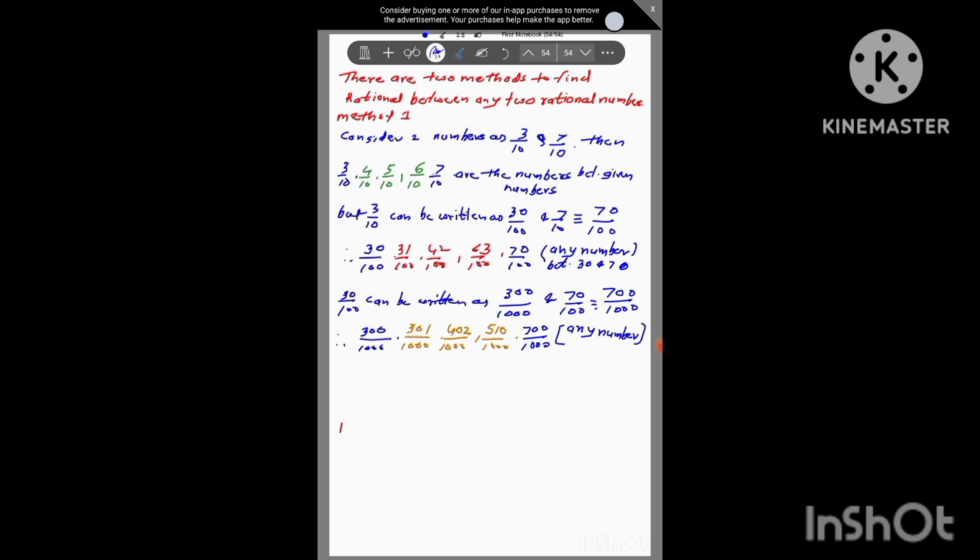Now 300 upon 1000 can be written, if you multiply again by 10, as 3000 upon 10,000, and 700 upon 1000 can be written as 7000 upon 10,000.